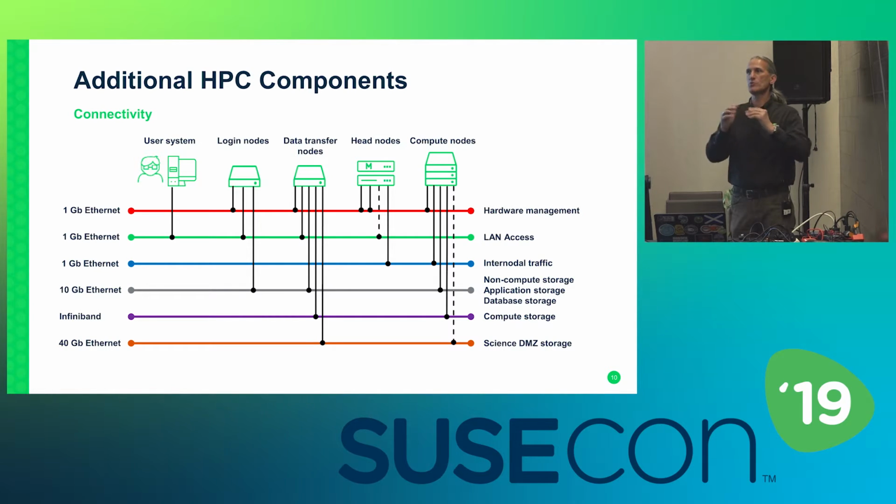That's kind of your central ingress point for IPMI. Your login nodes are generally going to be connected to your LAN, and potentially your 10 gig Ethernet, so that it has high-speed application to application storage.